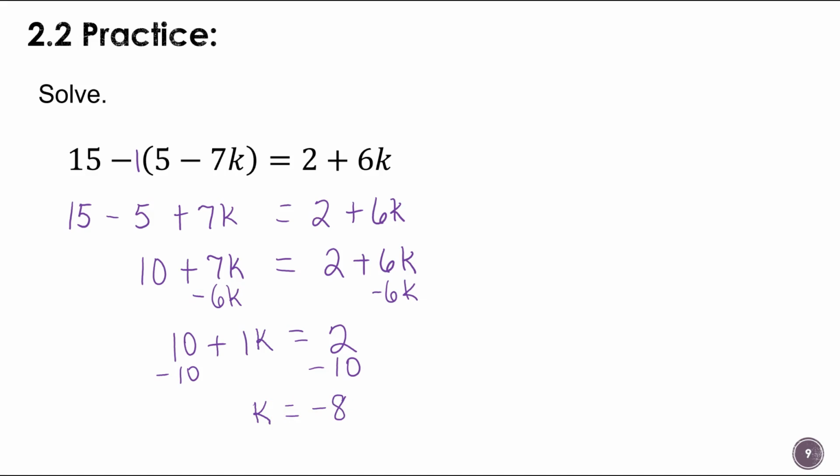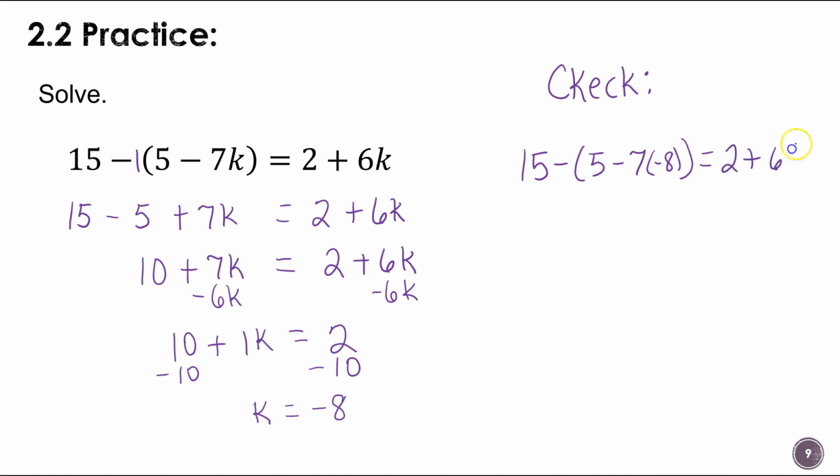Now if we were going to check this, I'm just going to show you checking these some of the time. I'm going to have 15 minus 5 minus 7 times negative 8 equals 2 plus 6 times negative 8. Okay, so here I have 15 minus, that's going to be plus 56, so that's going to be 15 minus 61.